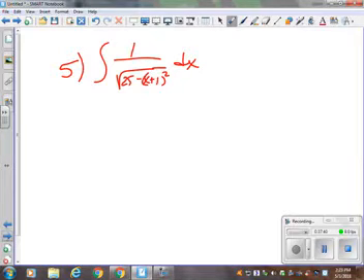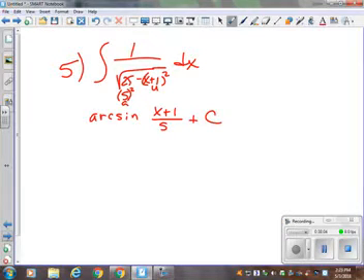But this right here needs changing to 5 squared because a is 5, and this is u. And which trig arc is this? Sine. So arc sine doesn't put the 1 over a in front, does it? But it does put the a underneath the u. Plus c. Man, that was easy.